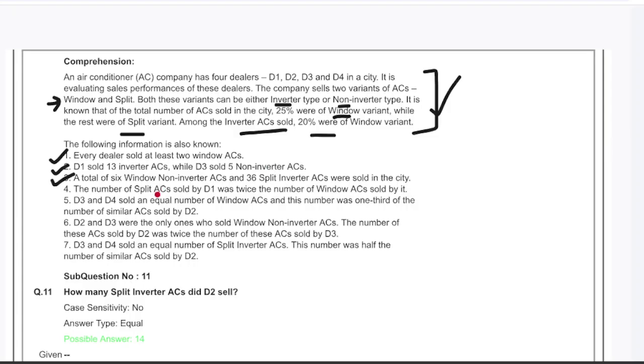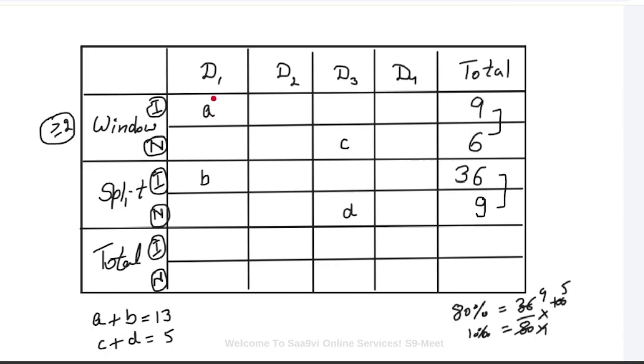The number of split ACs sold by D1 was twice the number of window ACs sold by it. So for D1, if they have sold X window ACs, they have sold 2X split ACs.